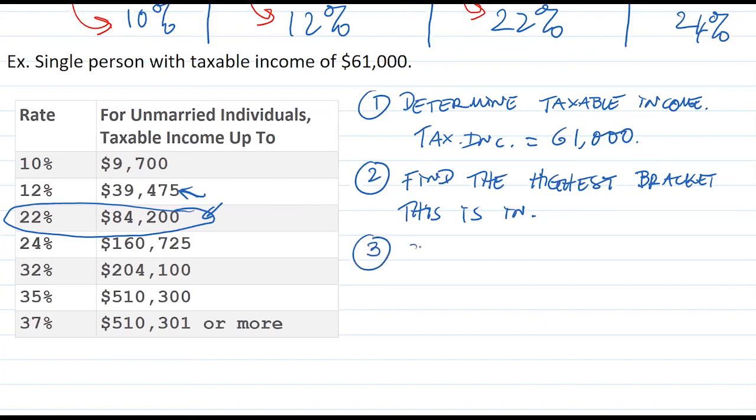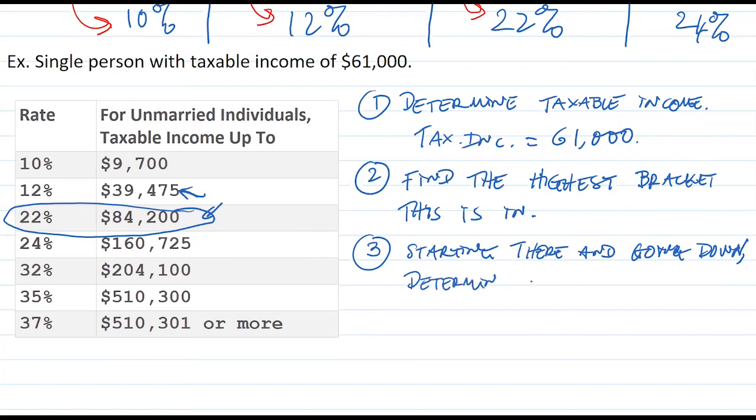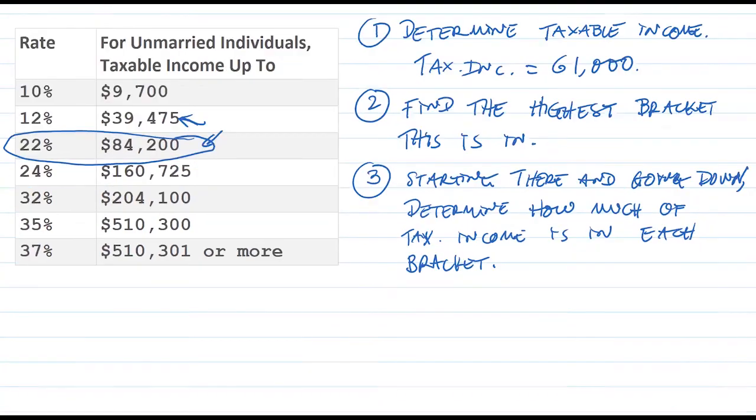Step three, starting there and going down, determine how much of taxable income is in each bracket. So the highest one is 22%, so I go 22% of, and each of these is a subtraction, 61,000 minus the limit below it.